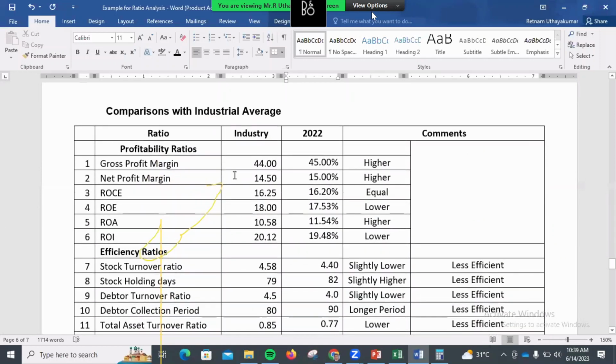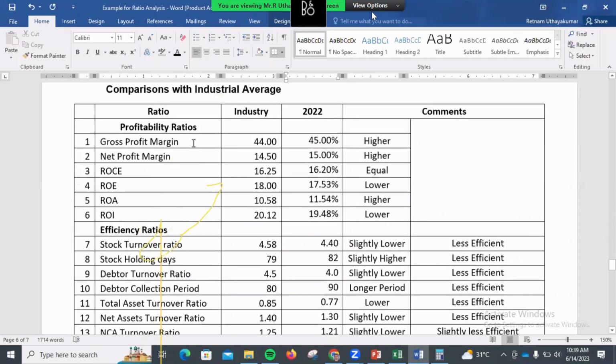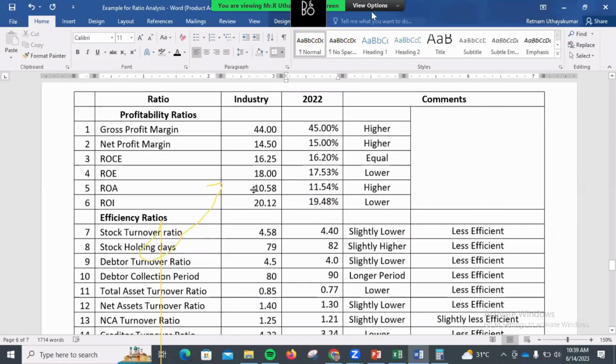Then comes comparison with the industrial average. The industrial average can be taken as a benchmark ratio to some extent. But if the overall industry is not working efficiently, we can't claim that our firm is working well.